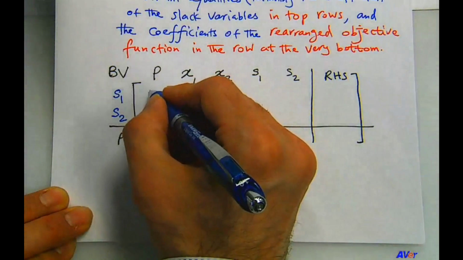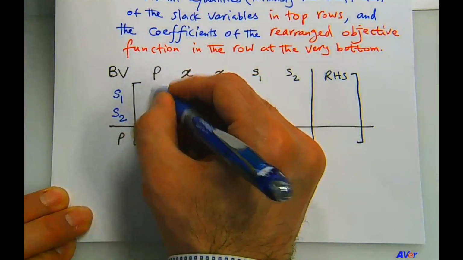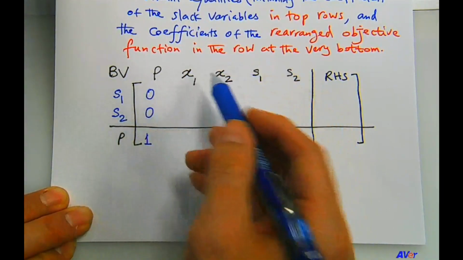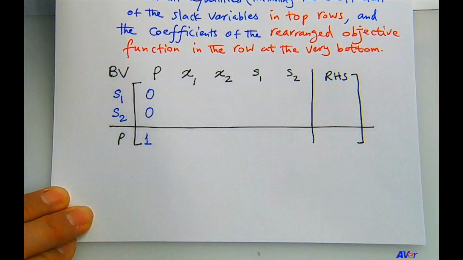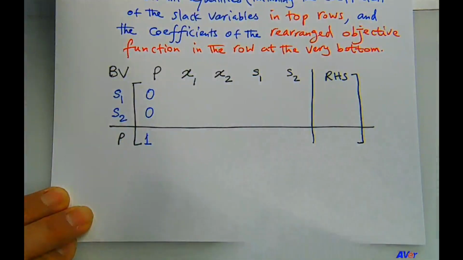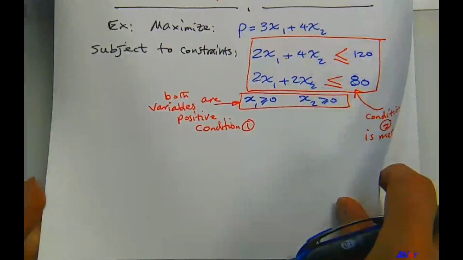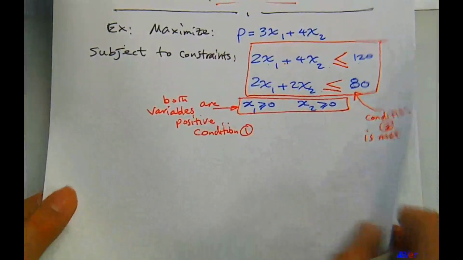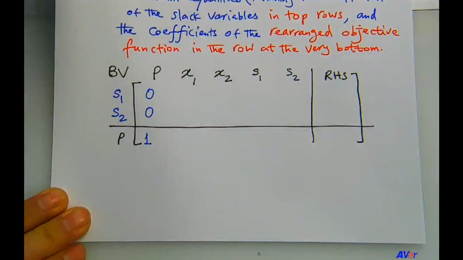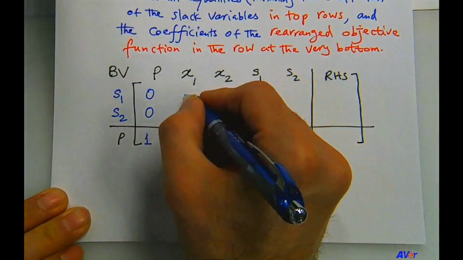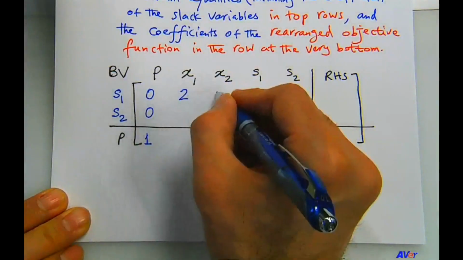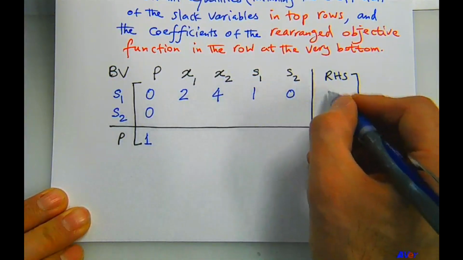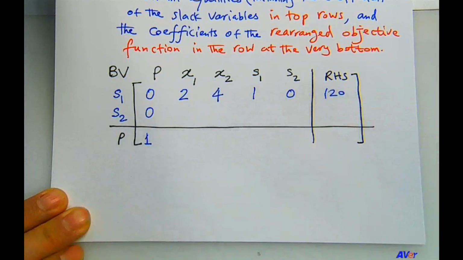This first column under P is always 0, 0, 1. And again, I'm using the same example. I'm writing the initial simplex tableau for this example. And so we have 2, 4, 1, 0, 120.